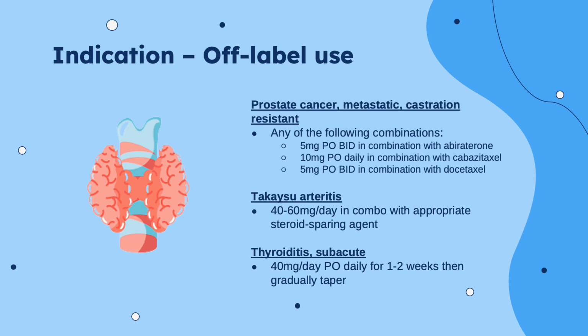For subacute thyroiditis, for use in patients whose pain does not respond to a full dose of NSAIDs over several days, or patients who present initially with moderate to severe pain, it is orally dosed 40 mg per day for 1 to 2 weeks, and then gradually tapered based on clinical response.